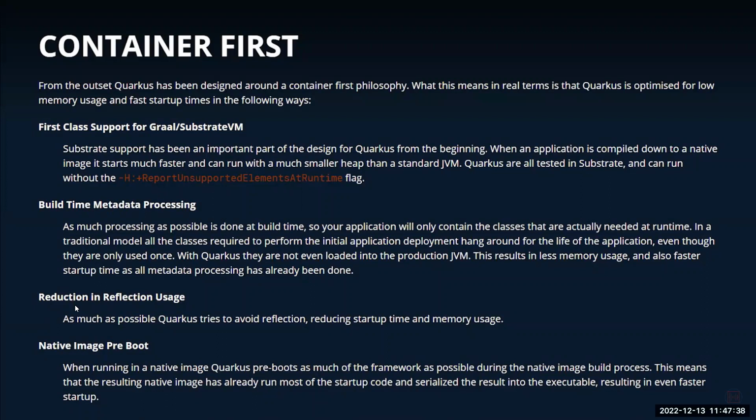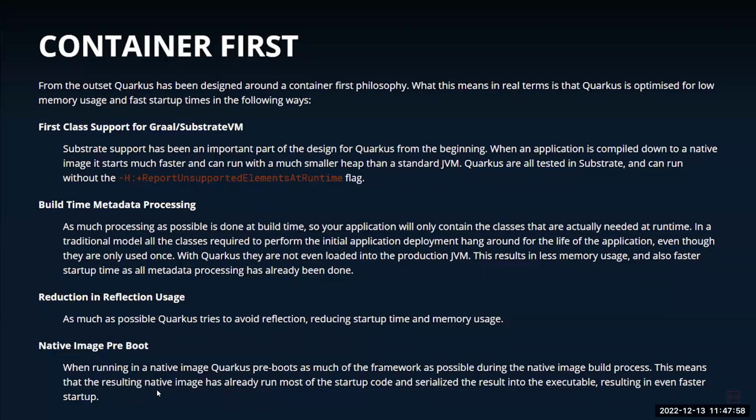Now, Quarkus also reduces reflection usage, and Quarkus provides native image pre-boot. It means when running a native image, Quarkus pre-boots as much of the framework as possible during the native image build process.